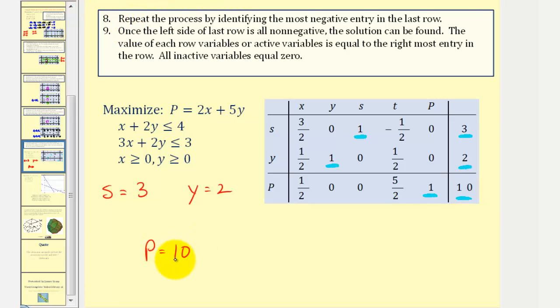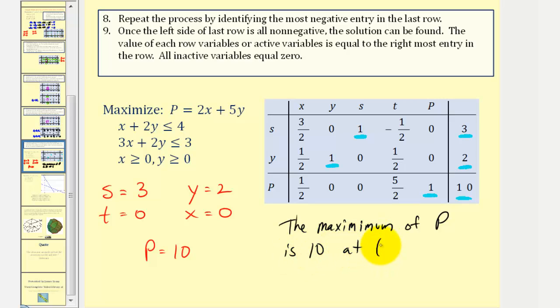Which means the maximum of P under these constraints is 10. Remember, all inactive variables are equal to 0, so t equals 0 and x equals 0. So to summarize, we can say the maximum of P is 10 at 0, 2.